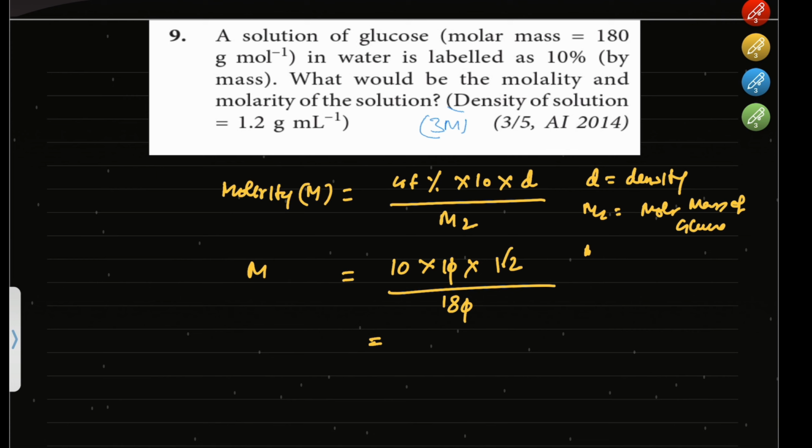So the zeros cancel, 12 by 18, or 6, 6 twos are 12, 6 threes are 18, so 2 by 3.